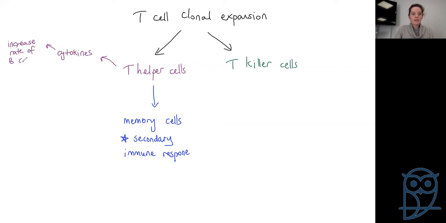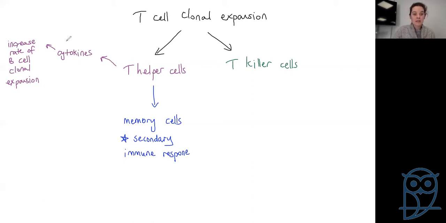So it's increase the rate of the B cell clonal expansion. More cells means more antibody production. More antibody production means faster elimination of this pathogen. So the T helper cells are really helping that process.